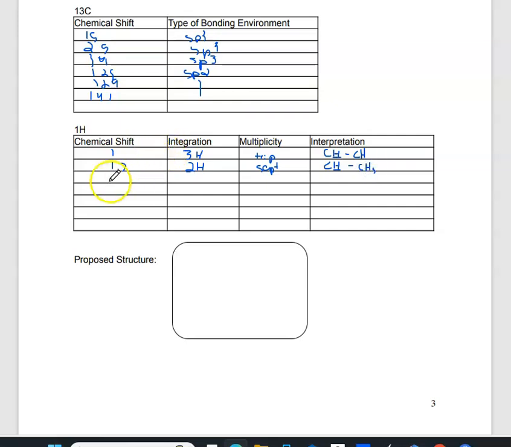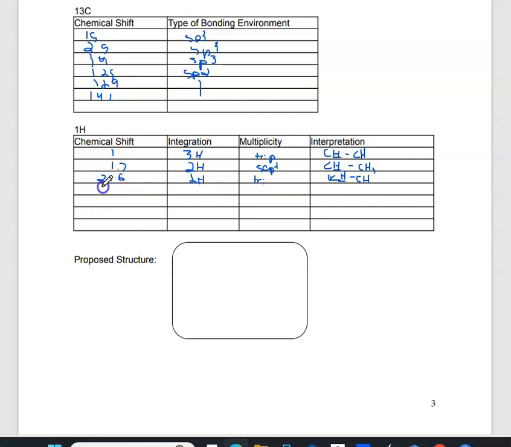There's actually going to be 2 of those. We have a chemical shift of about 2.6, and we have 2 hydrogens in that range, and that's our other triplet. It's going to be similar to the other one, CH bonded to CH.